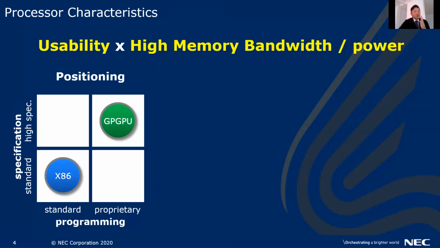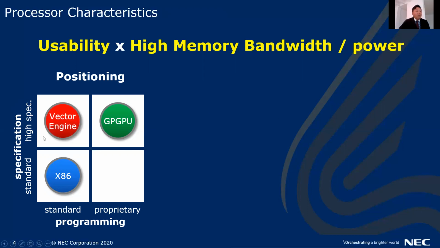The Y-axis shows specification, standard or high, and the X-axis shows programming language, standard or something special. x86, as you know, is today's de facto standard, which can be utilized with a very standard language. And GPGPU has very high specifications. However, in order to extract higher sustained performance from GPGPU, a proprietary language must be used.